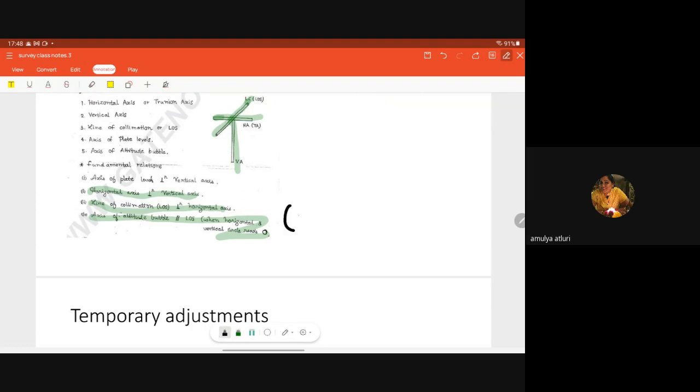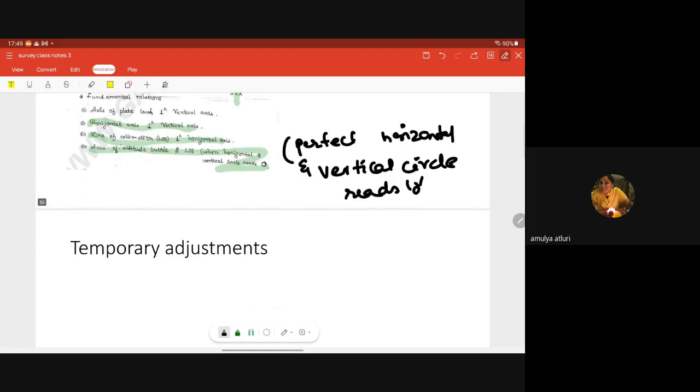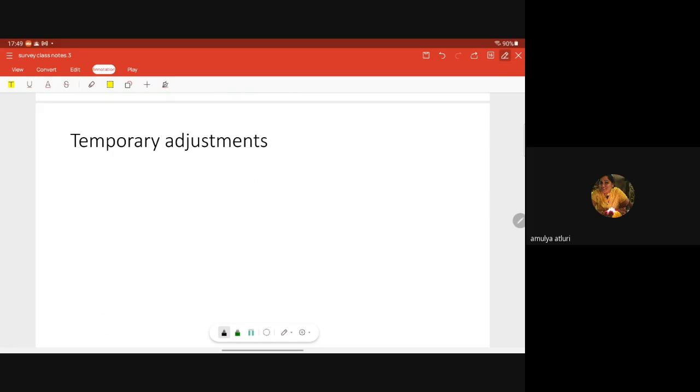If this is the case, then the instrument is perfectly horizontal and the vertical circle reads 0.